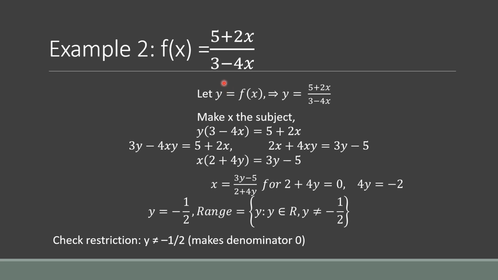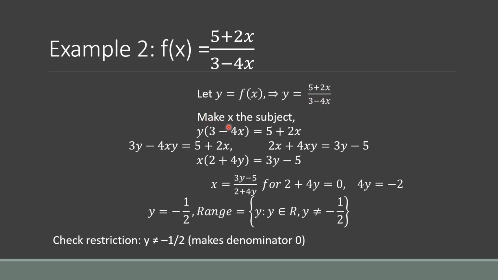So let's move to example 2. For example 2, we have the function f of x being a rational function of the form 5 plus 2x divided by 3 minus 4x. Here, the same process. We let y equal f of x, so y will be equal to 5 plus 2x over 3 minus 4x.